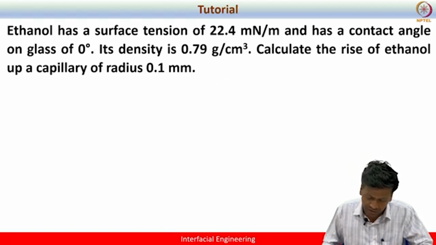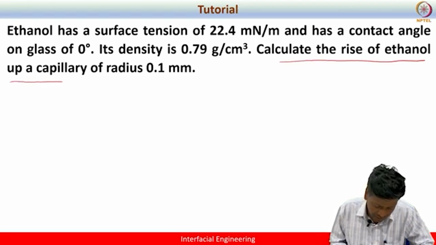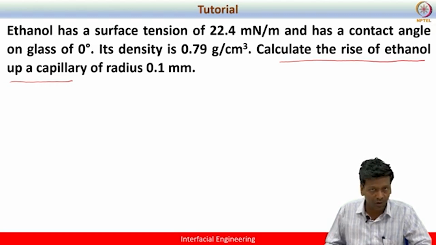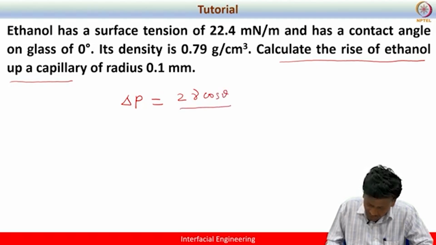So in this exercise, we are going to calculate the rise of ethanol. Basically, the height of the liquid column is what we are going to measure. We know the relation that we obtained using the capillary method, which is 2 gamma cos theta by RC.